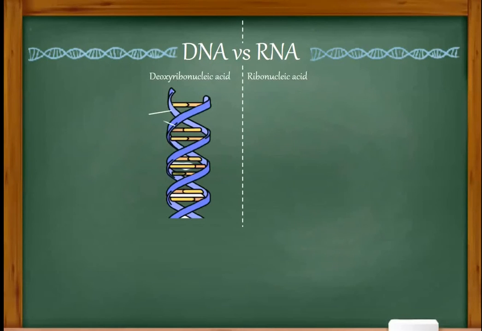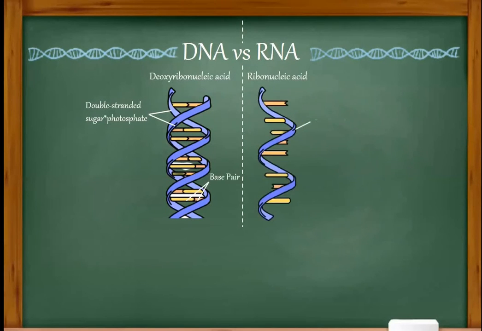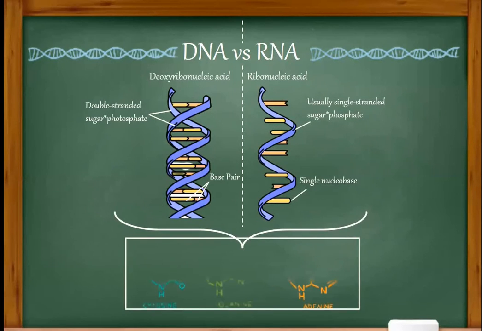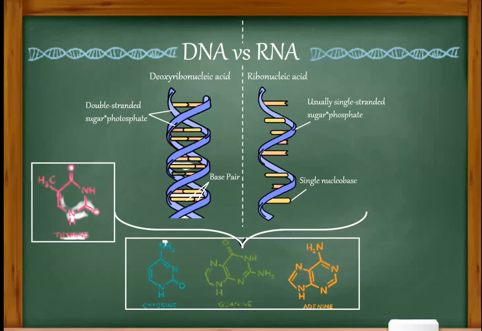DNA is deoxyribonucleic acid and RNA is ribonucleic acid. As DNA, it contains adenine, guanine, cytosine, but instead of thymine, it contains uracil. The main function of RNA is protein synthesis.